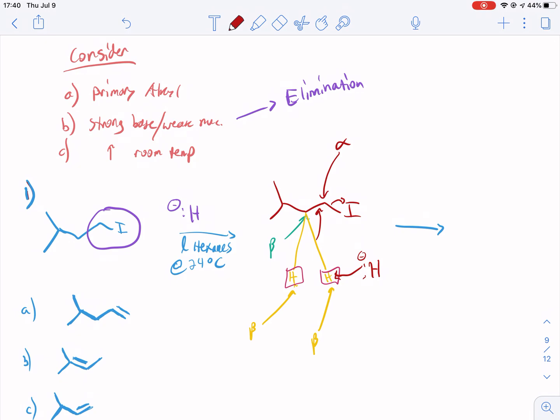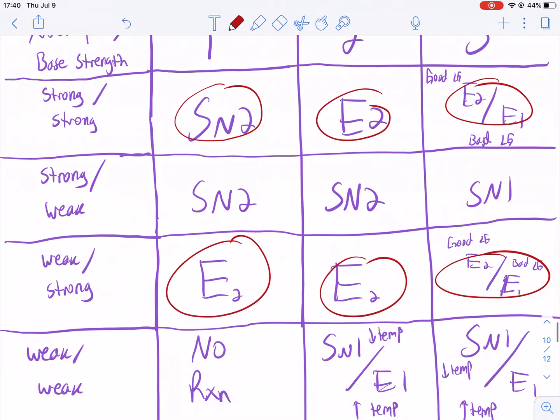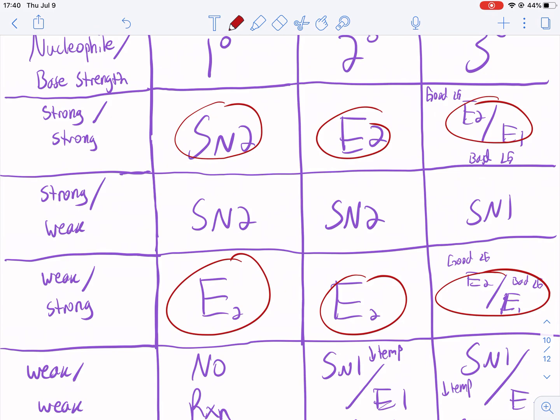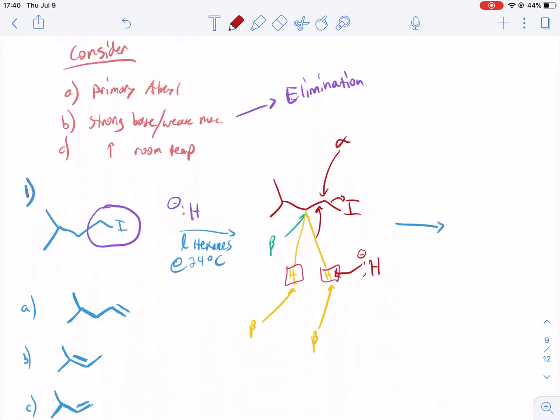As you do the homework and practice, if you just use this chart, you can easily identify the outliers, but there are patterns to this. So I see strong base, I'm thinking elimination, with a primary alkyl group. Then I consider the temperature, because if it's hot, you're gonna force elimination.